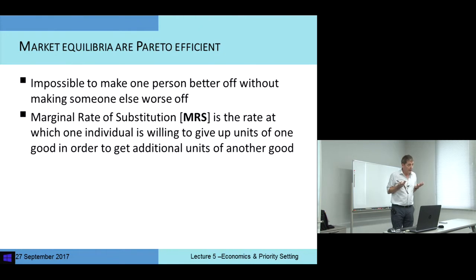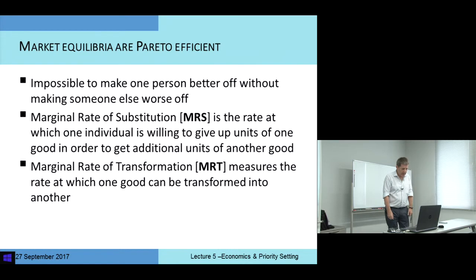The marginal rate of substitution tells us, if you're going to give up a unit of one of the things you value, what increase would you require of the other one? I've got a simple example coming up which I hope will get the idea across.